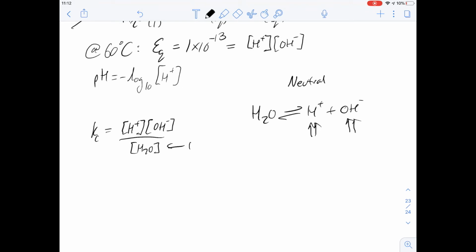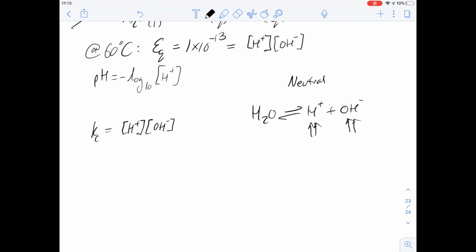And so the concentration of water basically doesn't change between its dissociated and undissociated state. And so we can just roll this out and say the concentration of water doesn't change, and this expression for the equilibrium constant is going to be just the product of the hydrogen ion concentration and the hydroxide ion concentration.